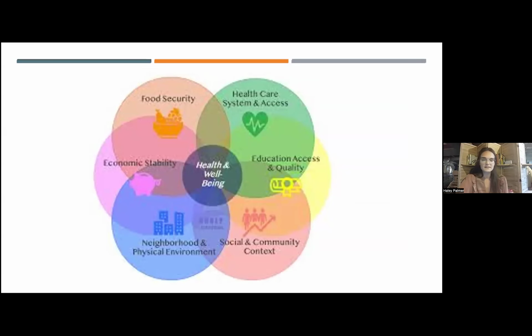Of course, the specifics on here, as you can see, are a wide range from economic stability, food security, access to healthcare, what quality of education people are having, what education options they are having, social community and context, and physical safety of people's neighborhoods and environments, whether it be the safety of them, what's going on in their neighborhood, access to clean water, food deserts, etc.